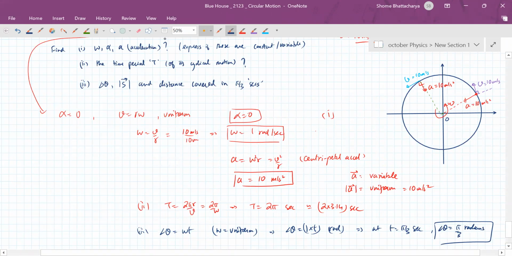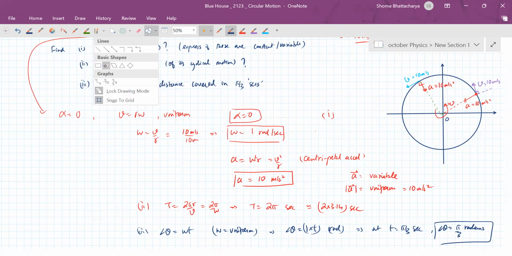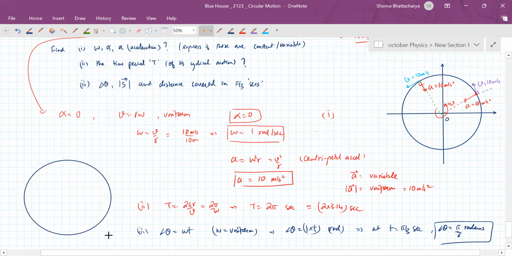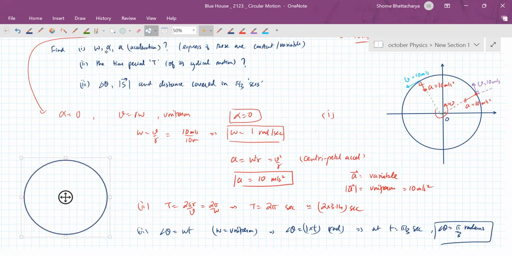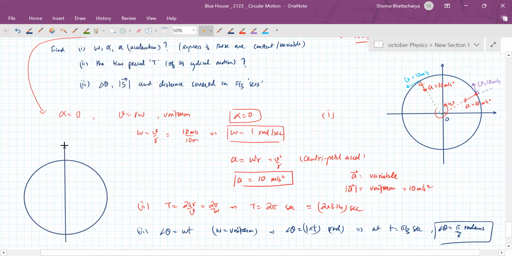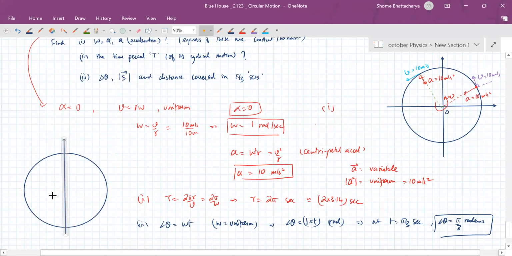You can see that it has covered 1/6 of a circle, since a full circle is 2 pi.